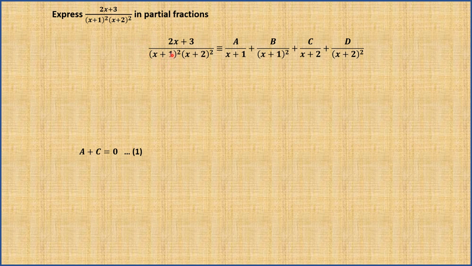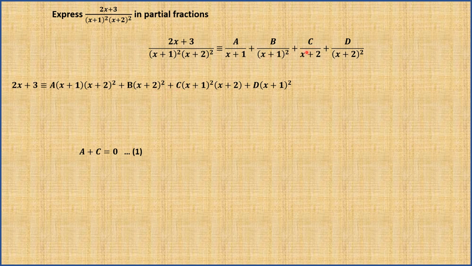That's (x + 1) squared into (x + 2) squared. We are going to have A into, when we multiply A by this denominator, one of the (x + 1) will cancel out, leaving just (x + 1) to the power 1, and the other part just remains the same. And when we multiply here, the term in (x + 1) cancels out completely, leaving out (x + 2) all squared.